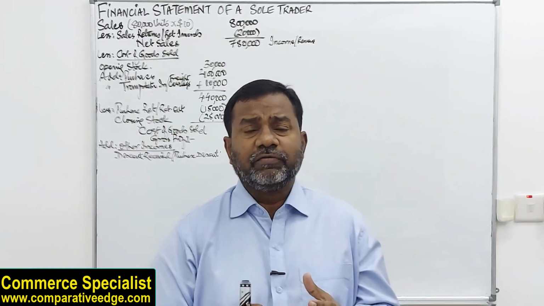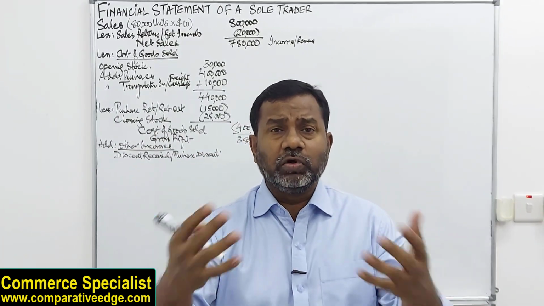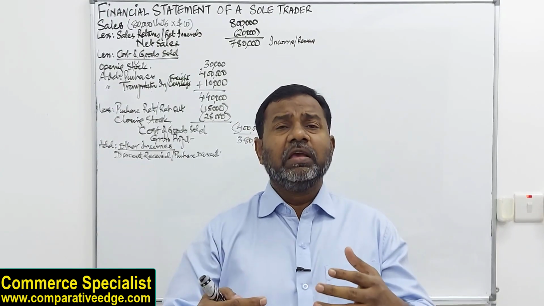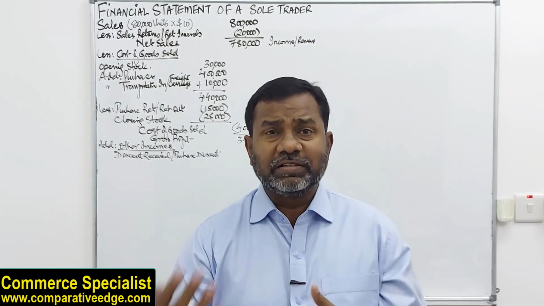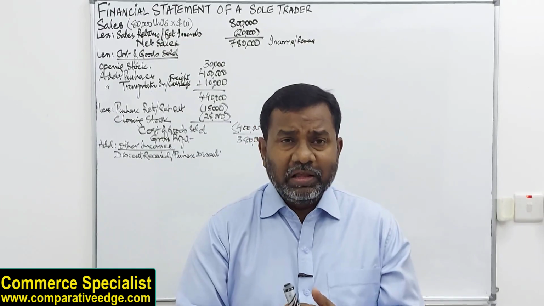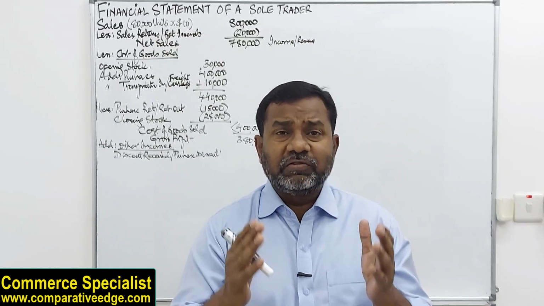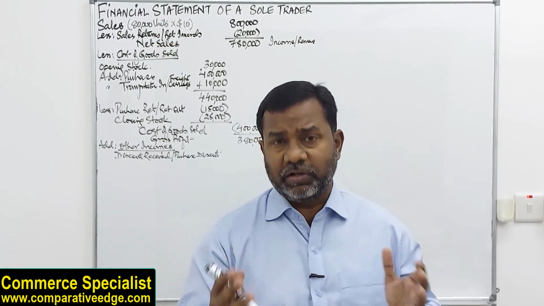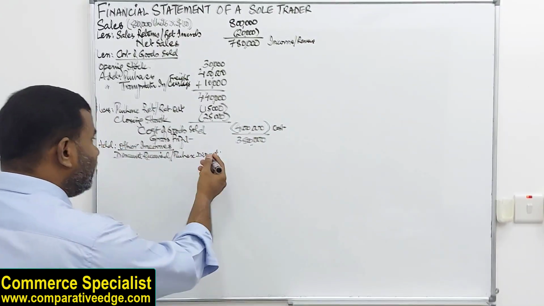Now, discount received, obviously when we buy in bulk, we do get some discounts. When we pay before time, we do get some discount. So any discount which we are receiving from our supplier is known as an income. It is treated as an income. So discount received is treated as an income.